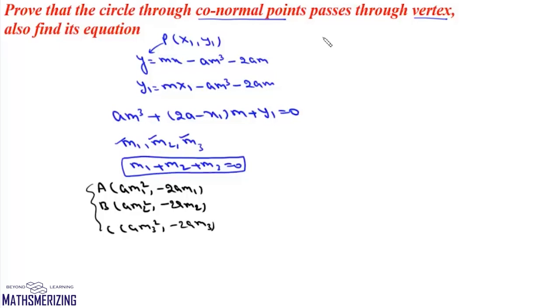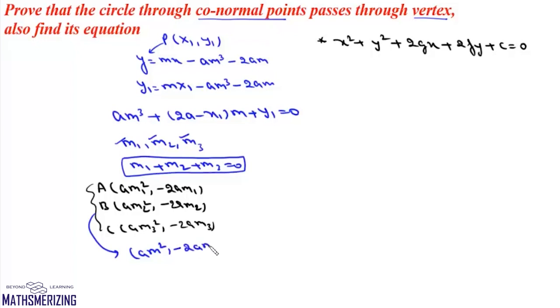Now we need to find the equation of a circle which passes through these 3 co-normal points. So let us take a general equation of circle. A circle which passes through these 3 co-normal points, let it be x square plus y square plus 2gx plus 2fy plus c equals 0. Now all these 3 points lie on this circle, and if we write the general coordinates for these points as (am square, minus 2am), we'll put the value of x and y in this equation.